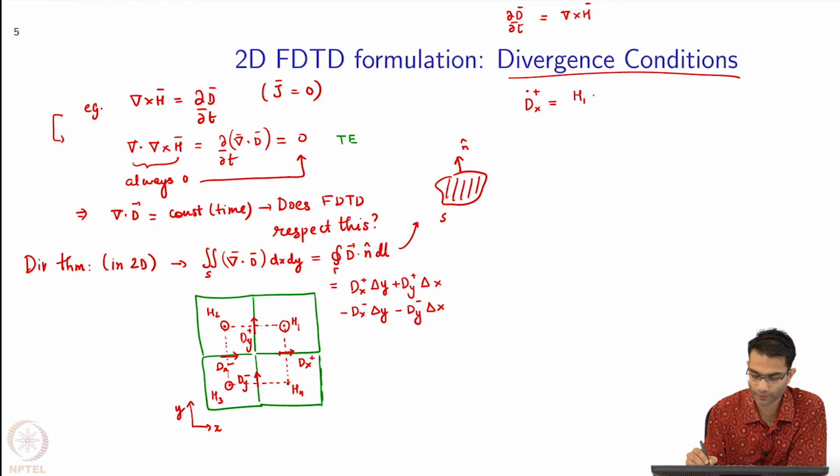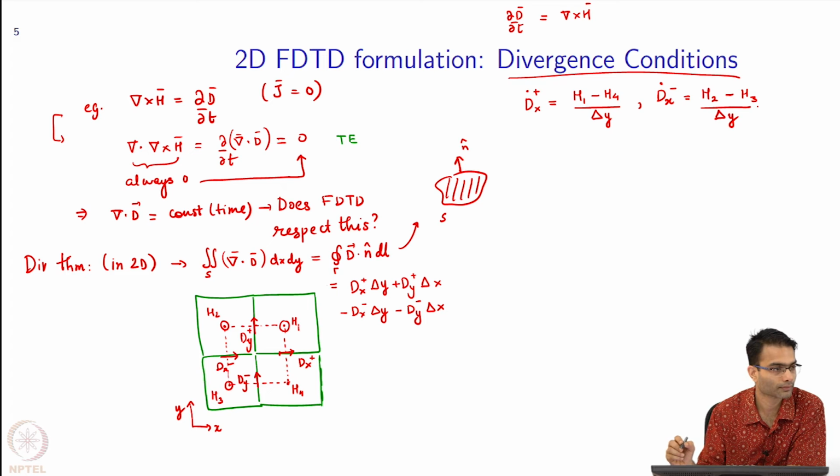Which value of H for bottom? H4, divided by delta y. Next is Dx minus dot: top minus bottom, same thing over here, H2 minus H3 divided by delta y.